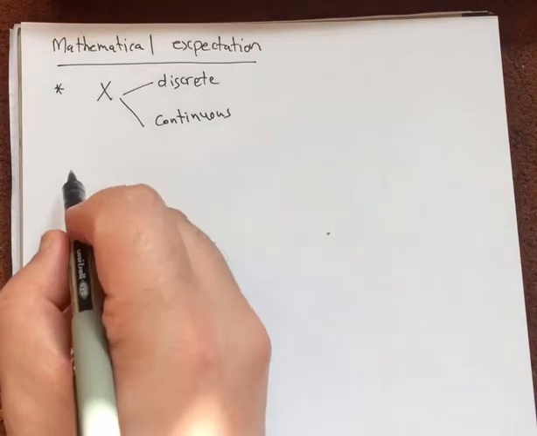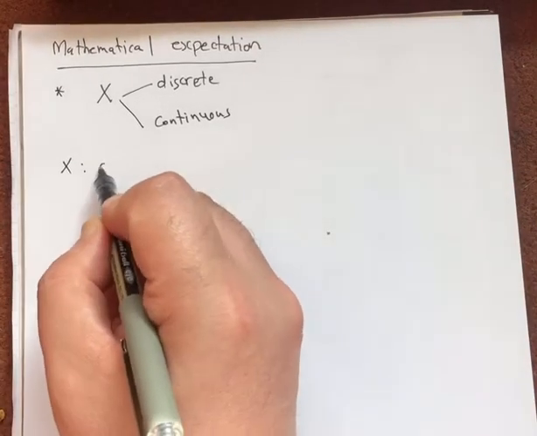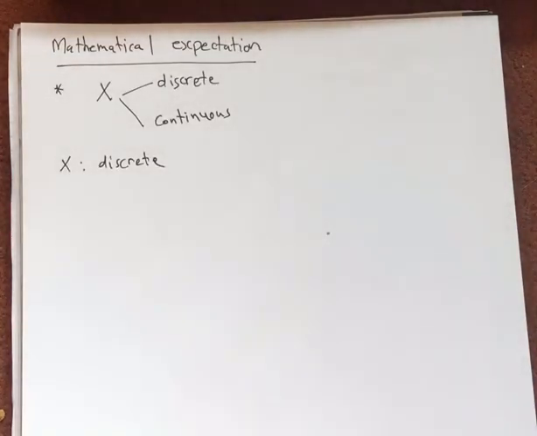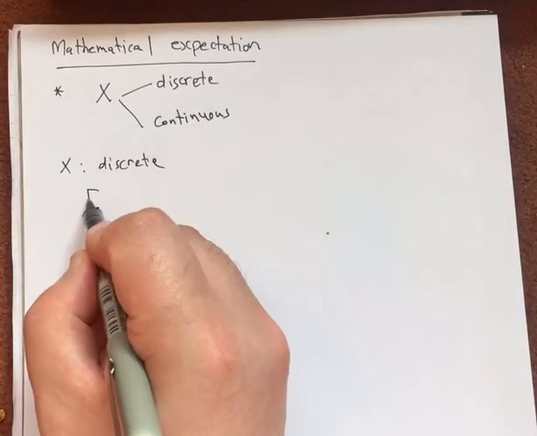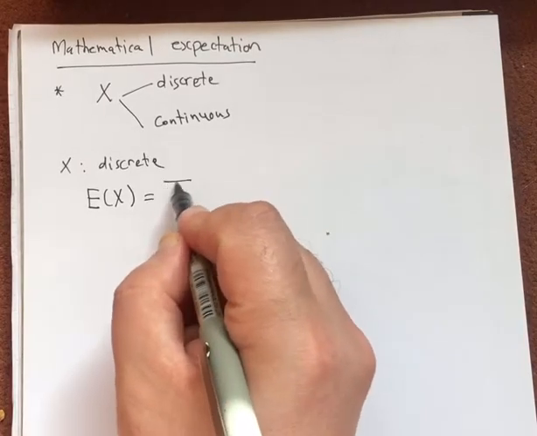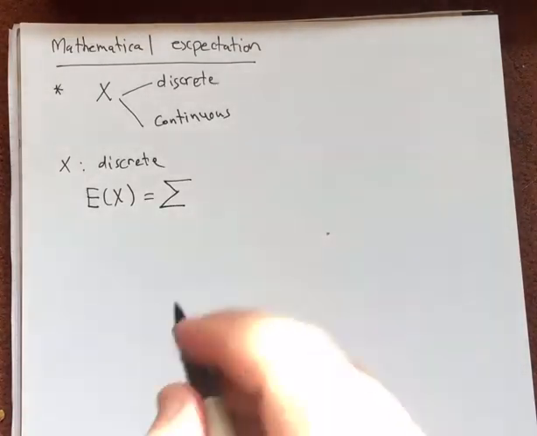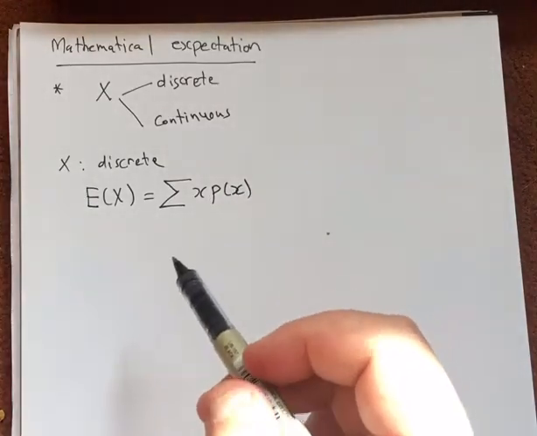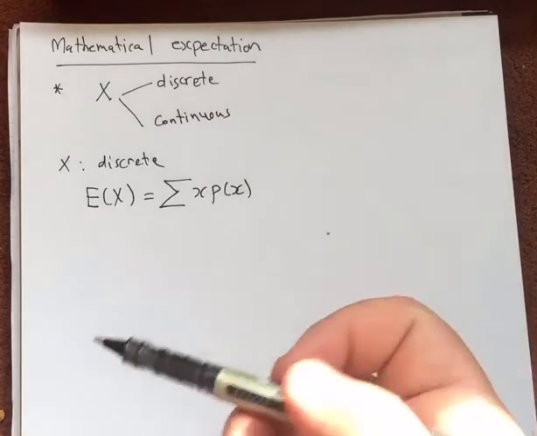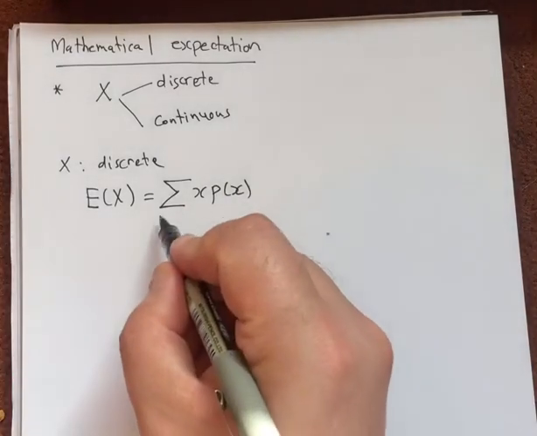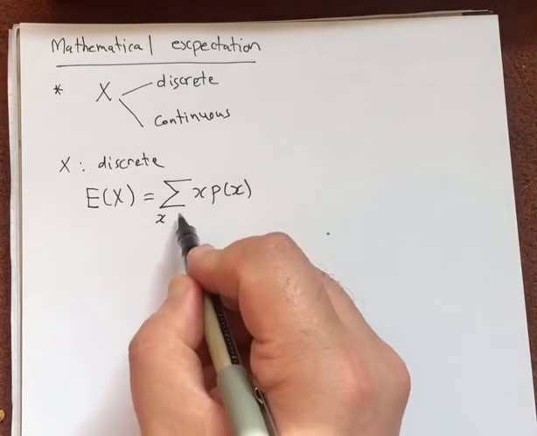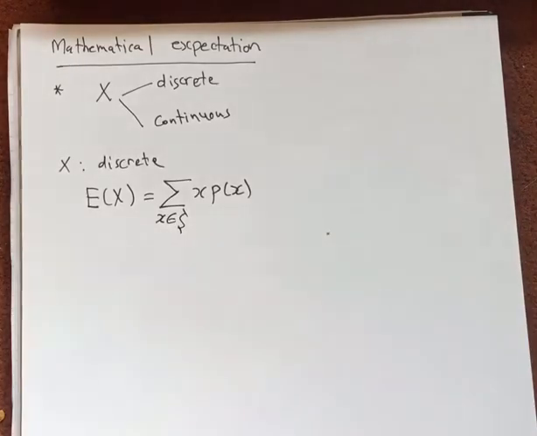So if X is discrete, and we wish to find the expectation of this random variable X, we have E of X, which is equal to the summation of x p of x, where p of x is the probability mass function, and for the limit of the summation, x belongs to the sample space.